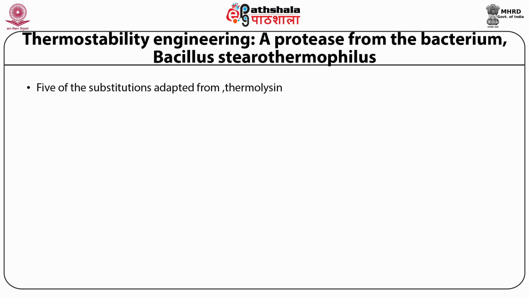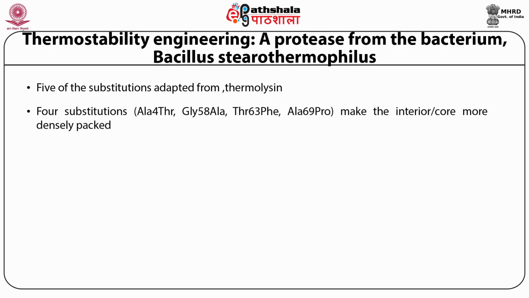The substituents which were introduced into this protease were adapted from an earlier enzyme, thermolysin, for which the structure was solved and for which the structural properties resulting in thermostability were known. There were 4 substitutions: alanine 4 to threonine, glycine 58 to alanine, threonine 63 to phenylalanine, and alanine 69 was substituted by proline.